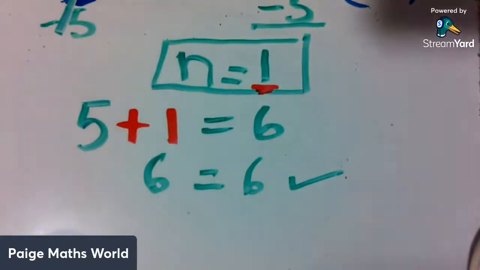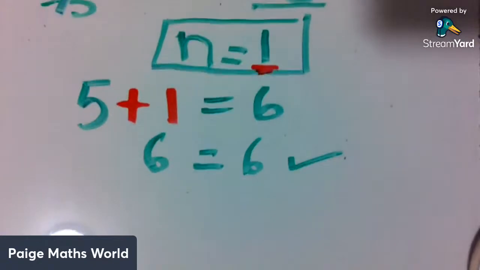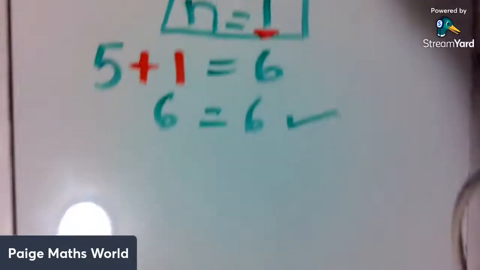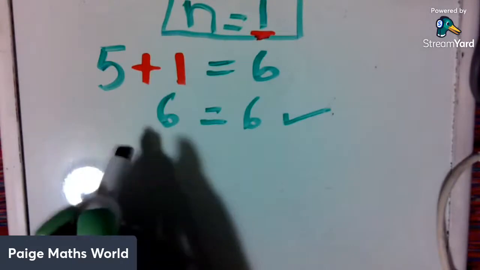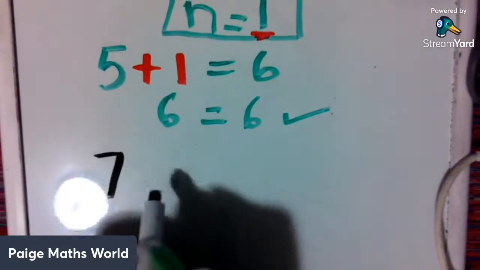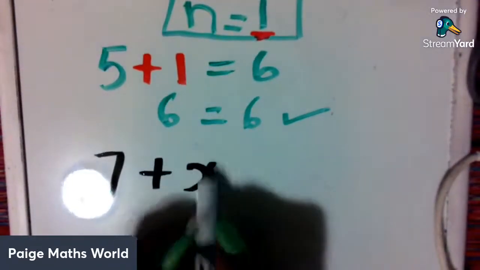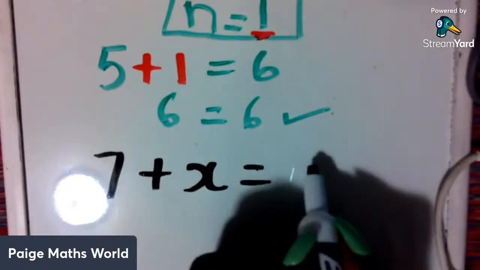All right. So I'm going to be giving one more for you to try, Raymond. So we're going to have, say, 7 plus x is equal to 9.